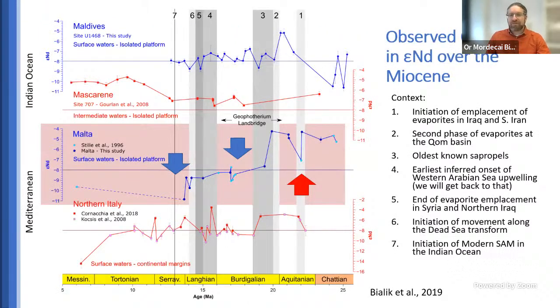We're seeing a much more radiogenic signal in the early Miocene, where we start getting these various indicators for the decoupling. And only then it goes down to this minus 8 value before going down again. What's going on? Where is the signal coming from?